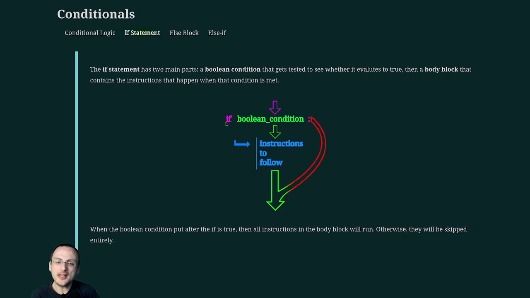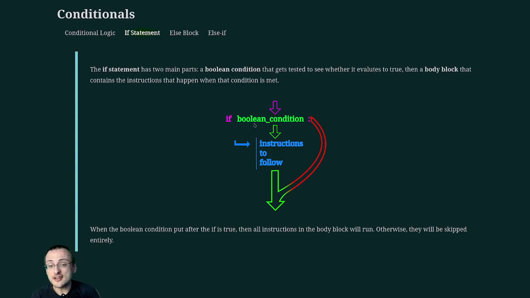So after we have our condition up top, inside of a block, we are going to put all of the instructions that the computer should follow if and only if your Boolean expression is true.